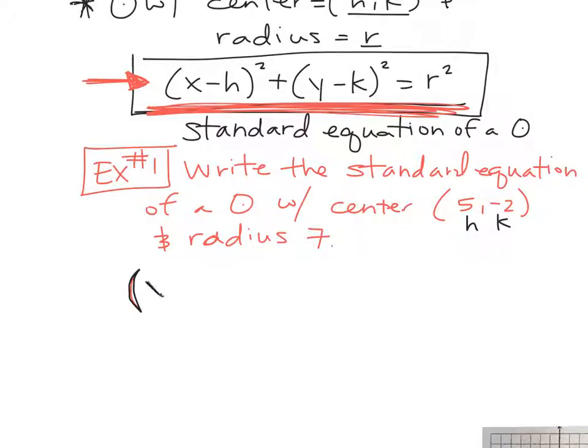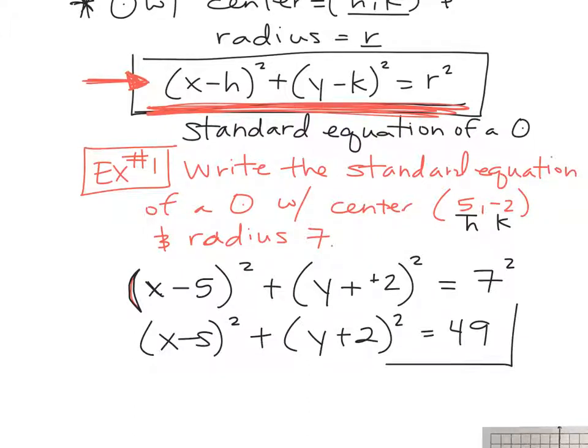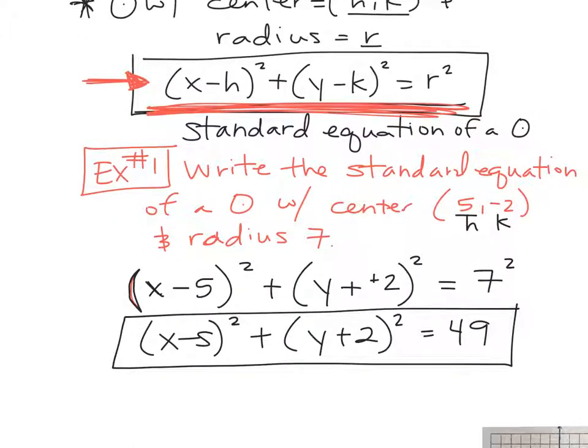So x minus 5 squared plus, now it's y minus a negative 2 squared, which equals a plus sign, so that's plus a positive, right? And then that equals the radius squared. So simplified, it's x minus 5 squared plus y plus 2 squared equals 49. So when they ask for the standard equation, that's what they're looking for.